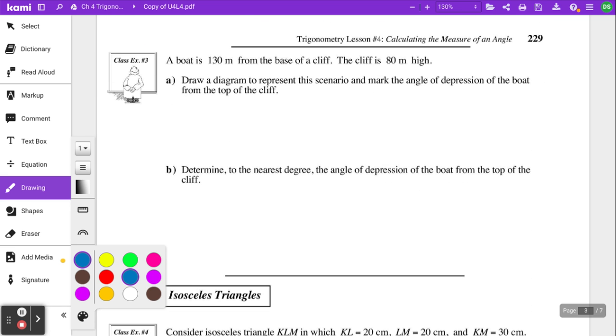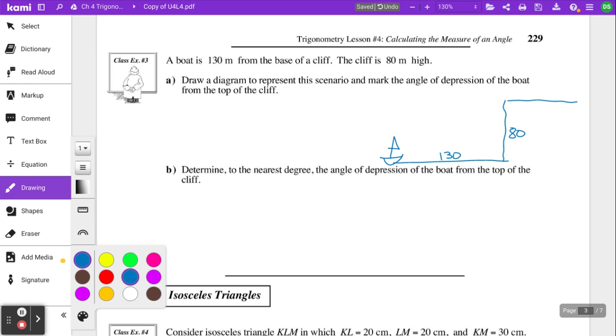A boat is 130 meters from the base of a cliff. Become a good artist. My skills have really improved over the years. There's my cliff. The boat is 130 meters from the base of the cliff. The cliff is 80 meters high.